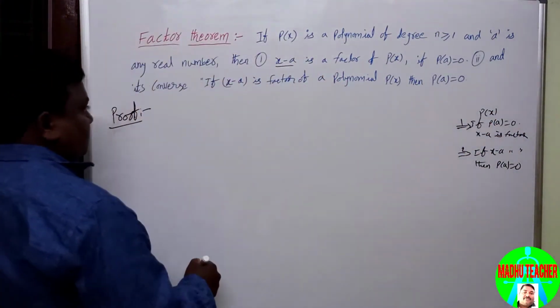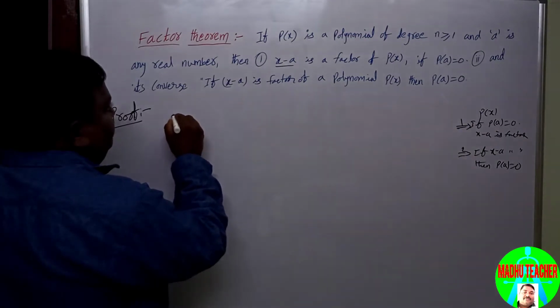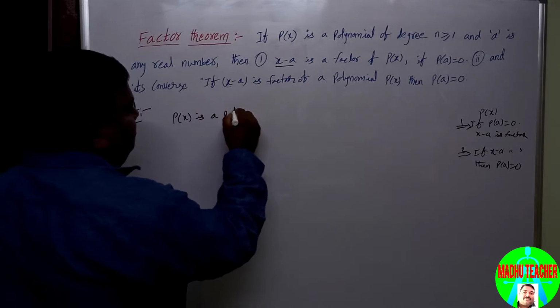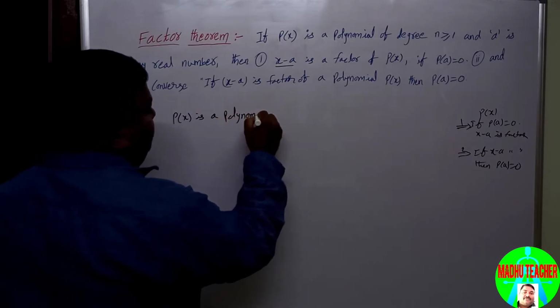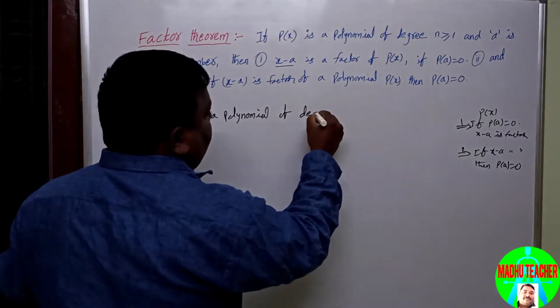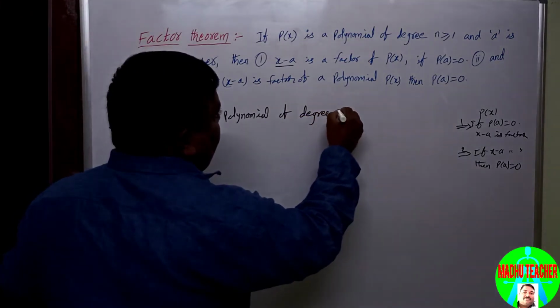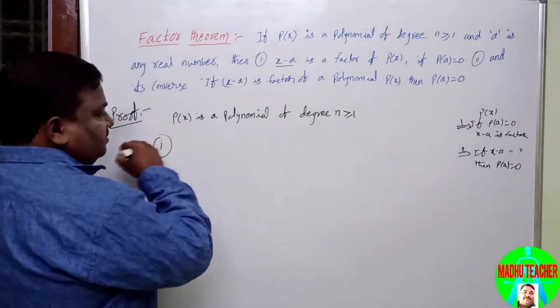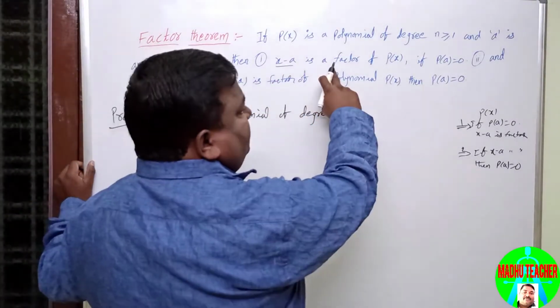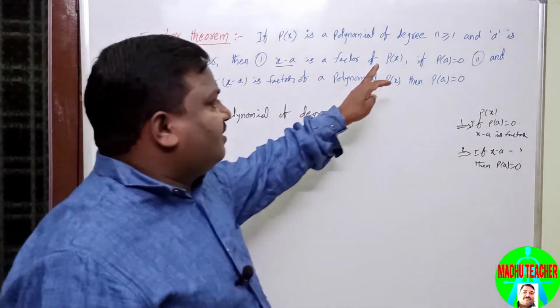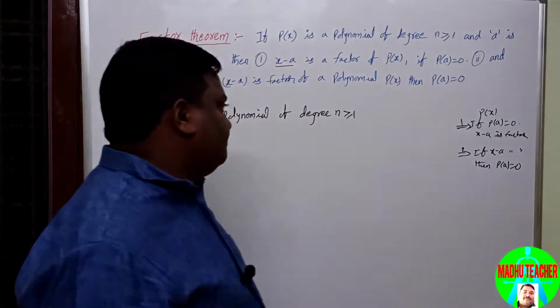Let us see the first one. So what is given? p of x is a polynomial of degree n greater than or equal to 1. So the first one is x minus a is a factor, here a is any real number, of p of x if p of a equal to 0.